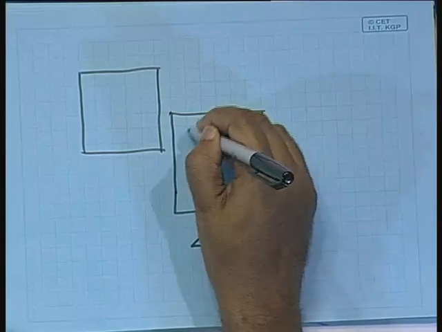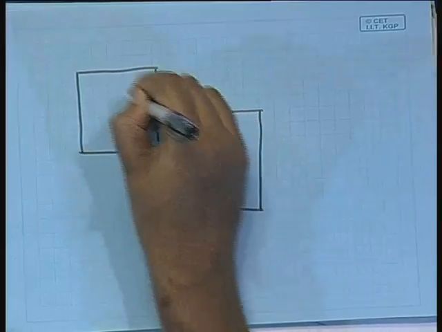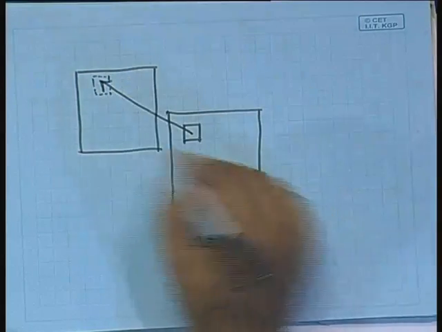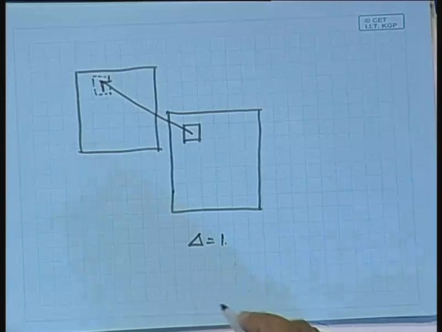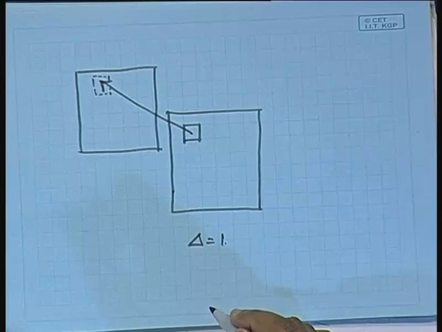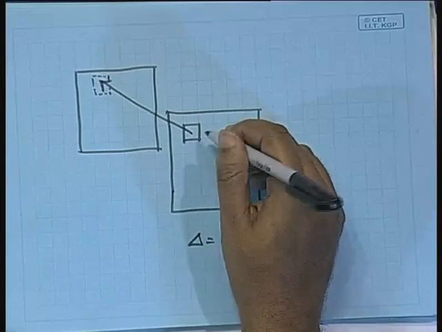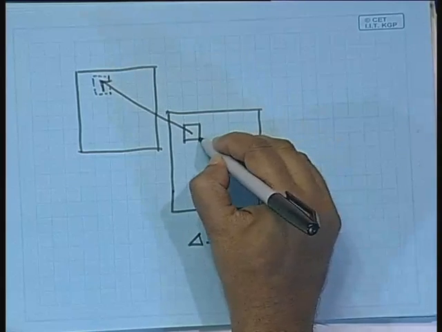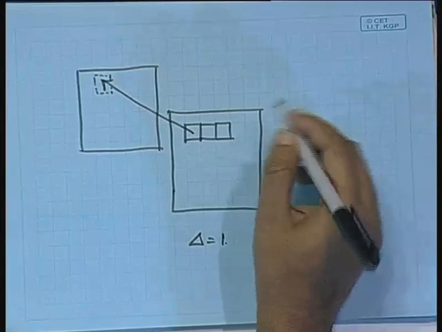So, every candidate block is searched with respect to the previous frame. But in the case of H.264, some of the macro blocks can have a reference of the immediate past frame as delta equal to 1, but for some you can define some different delta also.